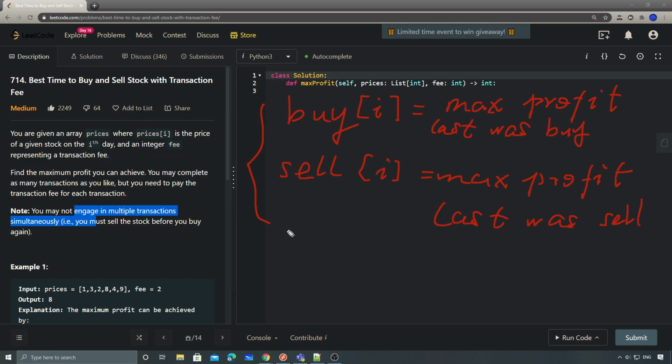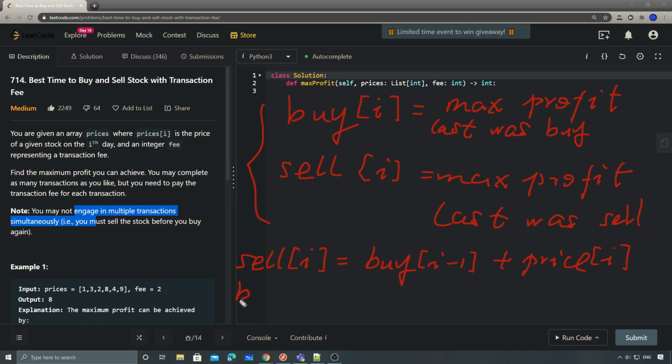That's why when we calculate sell[i], it's going to be buy[i-1] plus the price. That's going to be the state transition for sell.